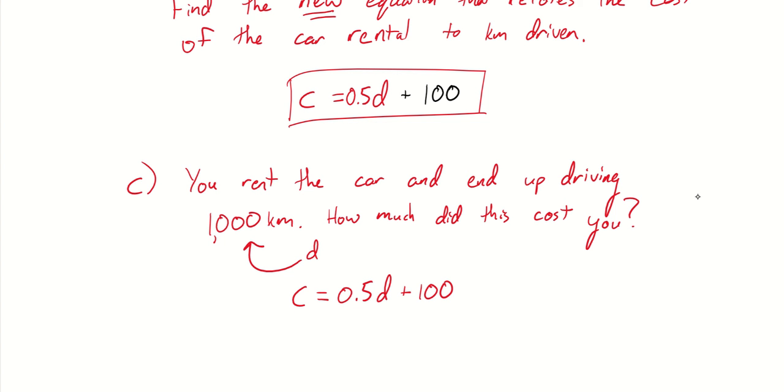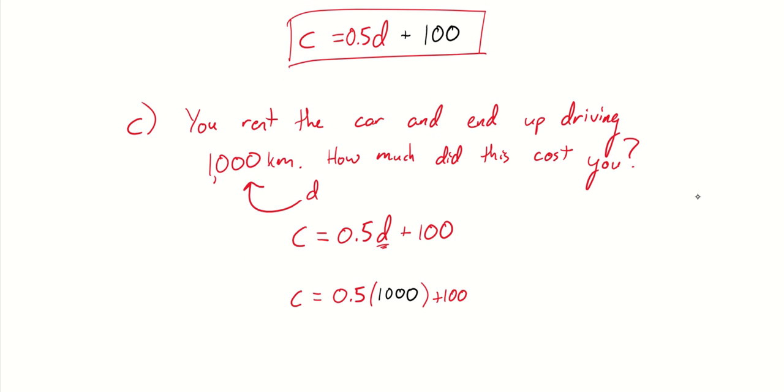And in fact, that's the value that should go into our D variable. So we will substitute that in. So C equals 0.5, which is the cost per kilometer, times how many kilometers we drove, 1,000, plus the $100 upfront cost.